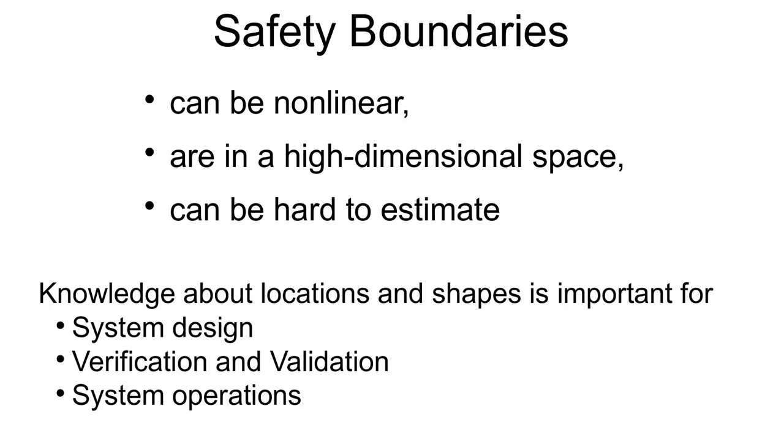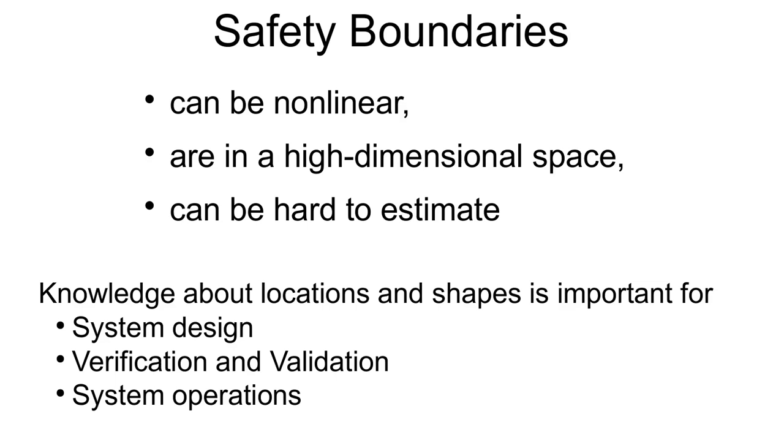The example we show had only two parameters, but you can imagine there may be many more parameters affecting the behavior of the system, so we need to analyze a high-dimensional space, and the boundaries can be hard to estimate because they include both physics, laws of dynamics models, as well as potential software.